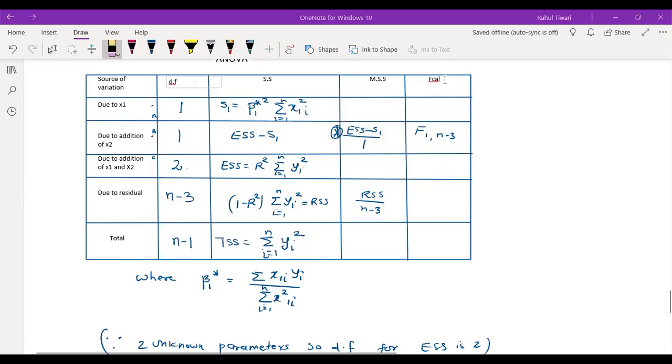Yes, correct, F calculated is based on this one: this quantity divided by this quantity.